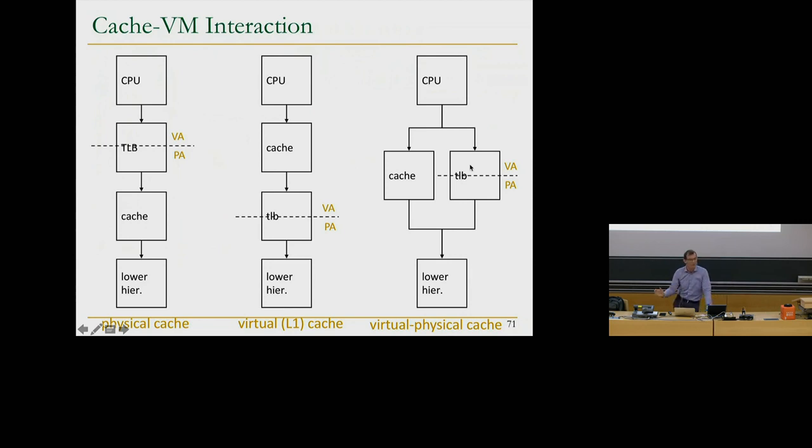And it turns out this solves the problems, assuming some conditions that we're not going to go into. Most systems do this so that they don't put the TLB access on the critical path, and they don't run into these horrible headaches with the same virtual address mapping to different physical addresses, or different virtual addresses mapping to the same physical address.